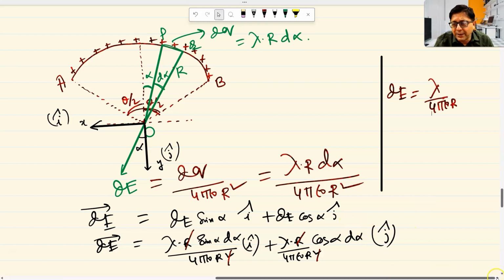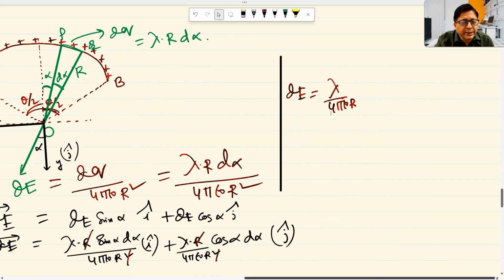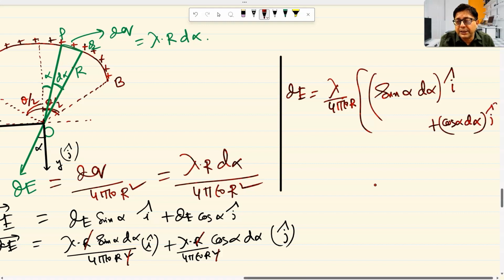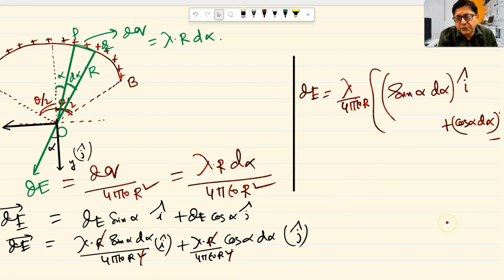Then what will be there? Sin alpha d alpha into i, plus lambda by 4 pi epsilon 0 r common, cos alpha d alpha into j. Isn't it? The next step is choosing the limit of integration.